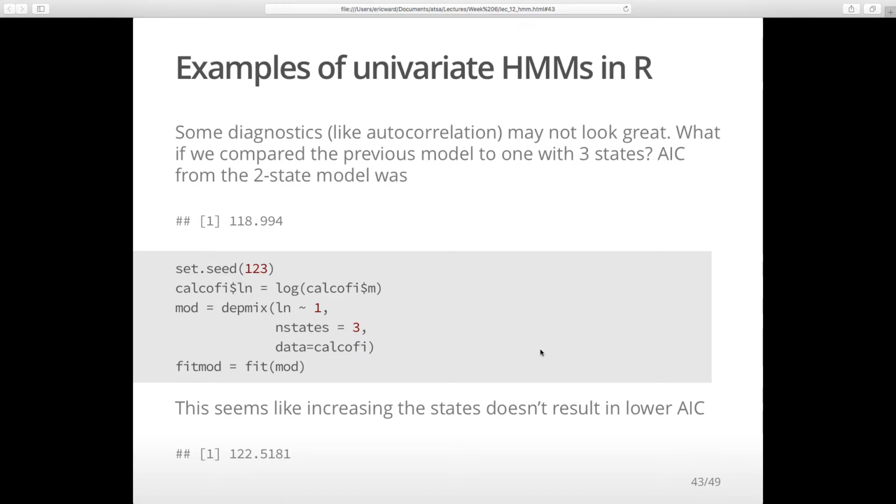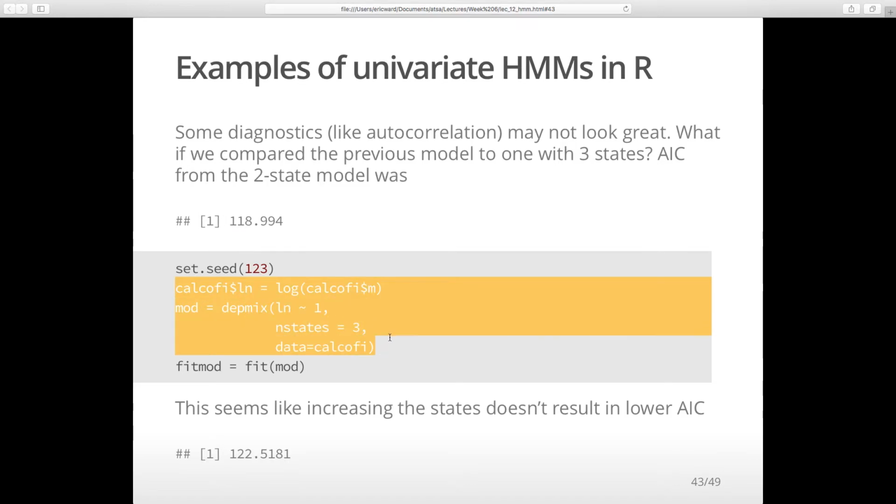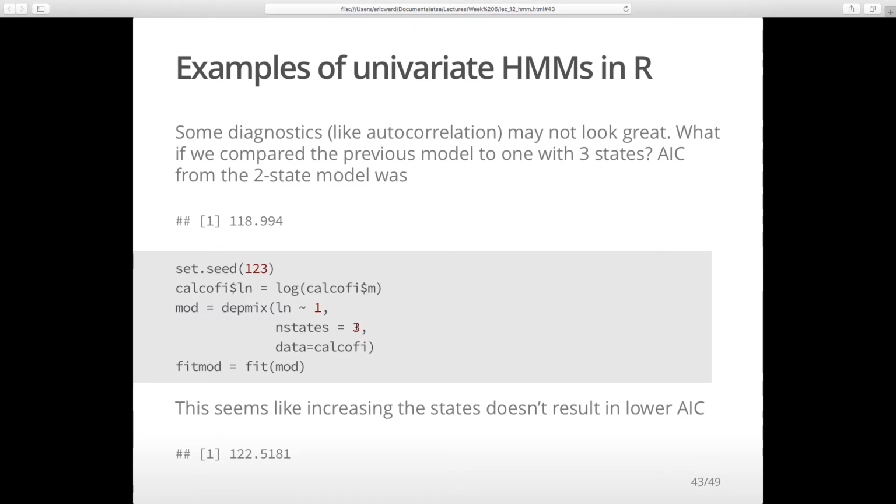Starting with our 2-state model, the AIC value would be about 119. We can just repeat our same model call using 3 states instead of 2, and here we would get 122, which is a higher AIC, indicating a less parsimonious model compared to the 2-state model. So adding a state here doesn't really seem to improve things.